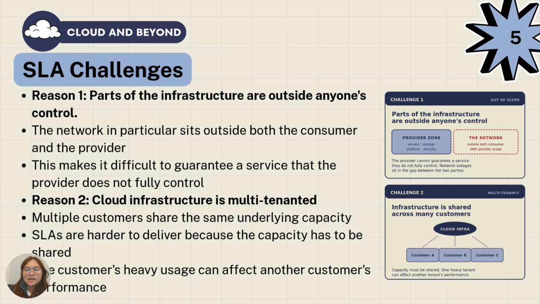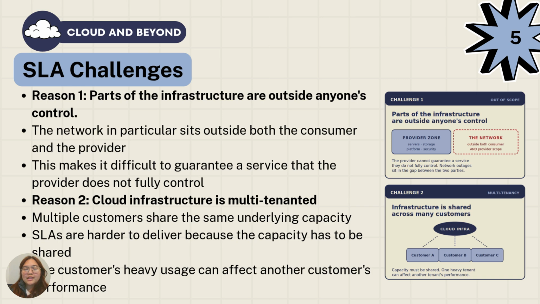Now we've got SLA challenges. First one is that cloud SLAs are generally hard to enforce because of structural reasons. First, parts of the infrastructure are outside anyone's control. The network sits outside the customer and the provider.